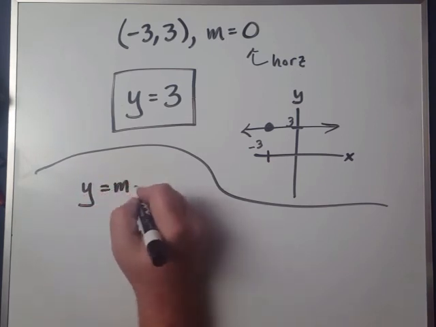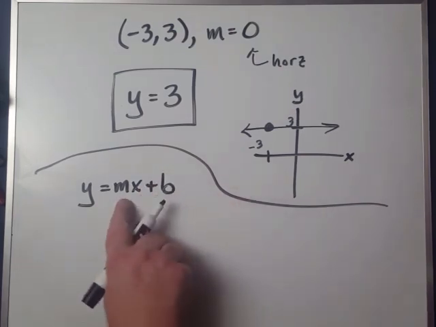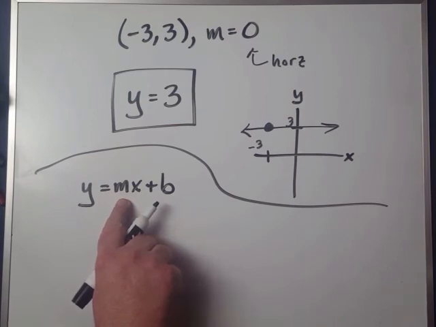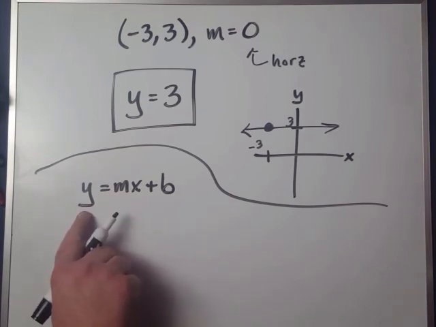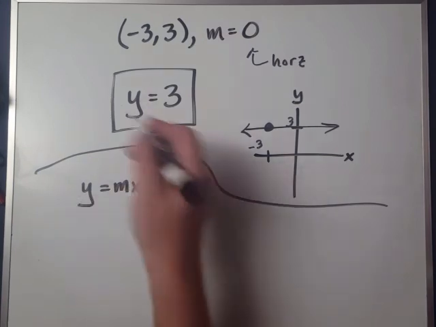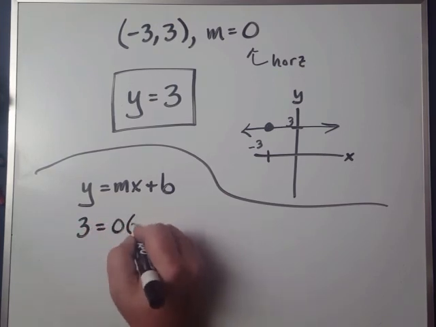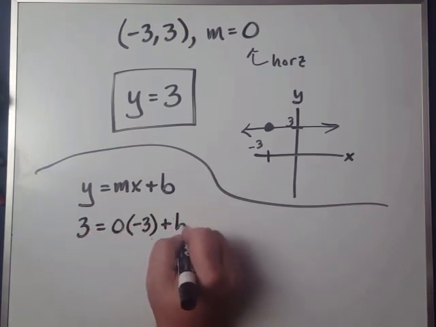Now, if you want to use the same method that we've been dealing with and say, well, y equals mx plus b, you could plug 0 in for m, negative 3 for x, 3 for y, and discover that b, well, that should be fairly easy to see. 3 equals 0 times negative 3 plus b.